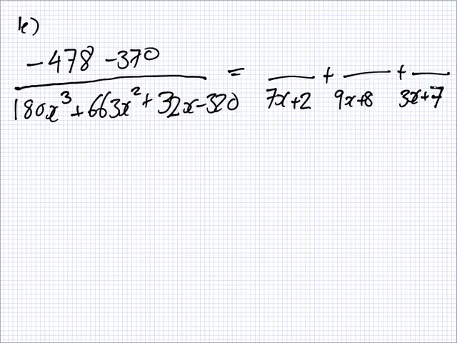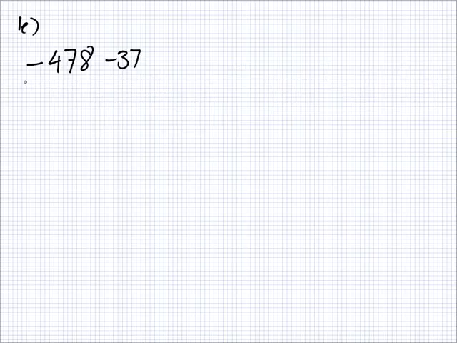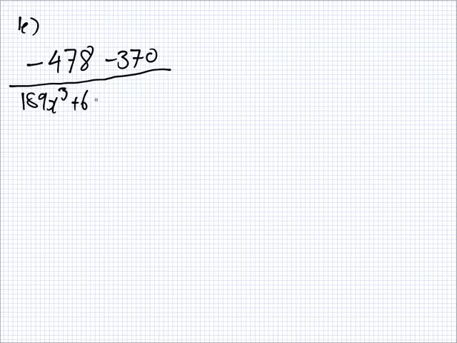Yeah, I think you wrote wrong. Did I? Which one? The question? Yeah. Oh, I did. I wrote the wrong question down. Well, the factors were still right though. Minus 370 over 189x cubed plus 663x squared plus 566x plus 112.